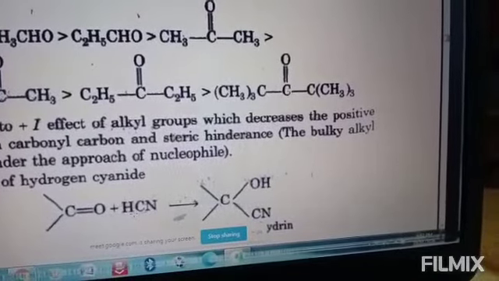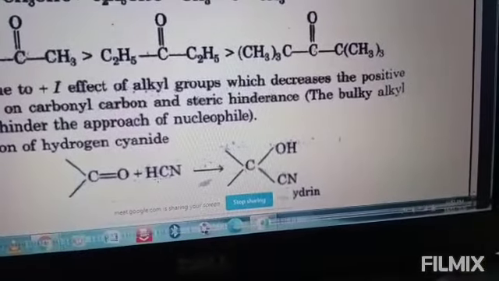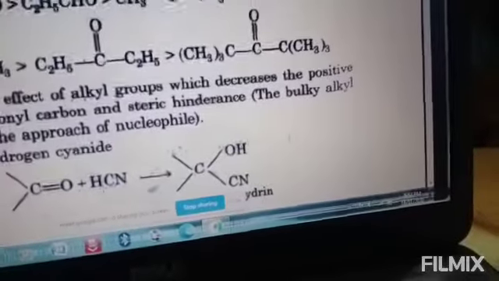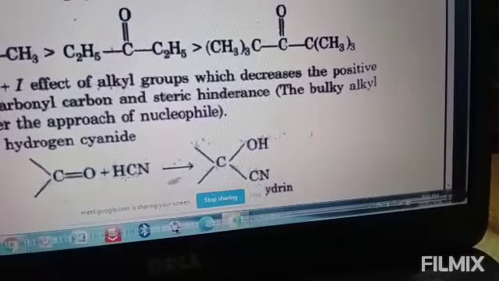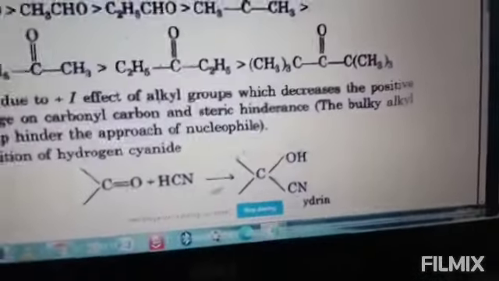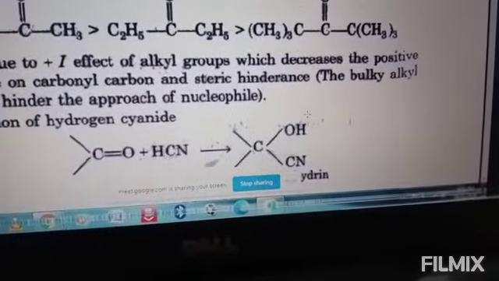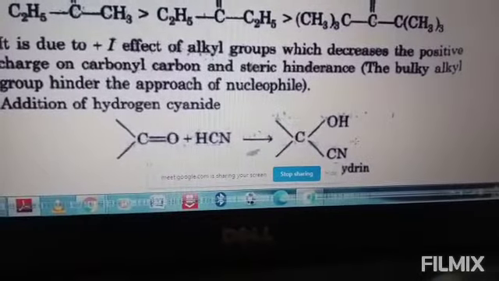This cyanide minus becomes the nucleophile here, so it will attack the carbonyl carbon. Thus you will get the tetrahedral intermediate, that is C with a single bond to O minus, and again C on the downside.